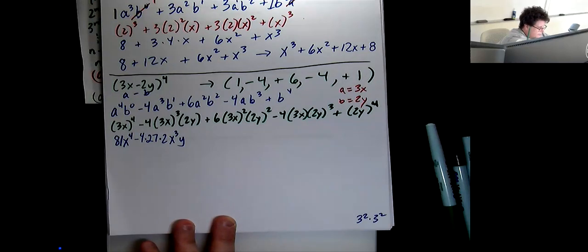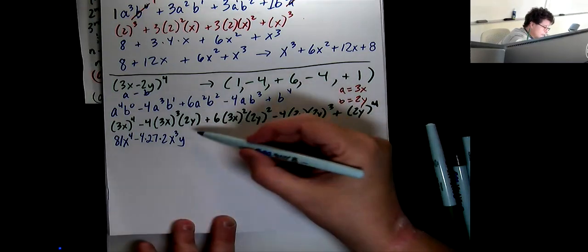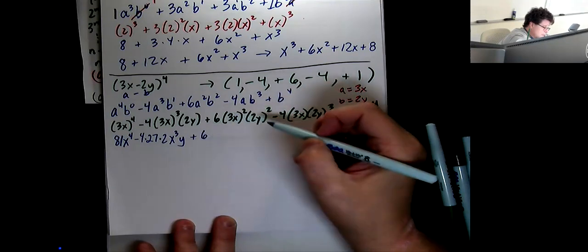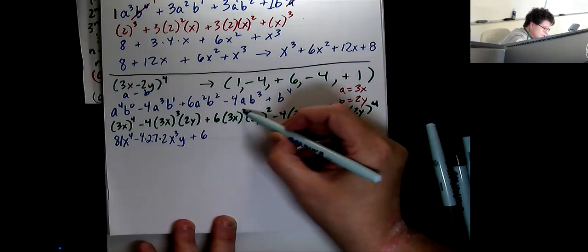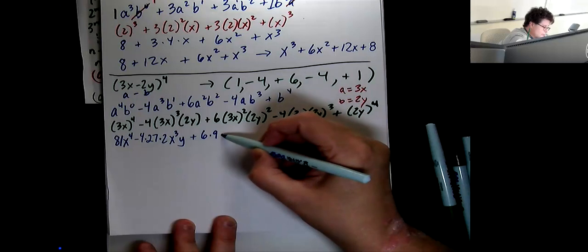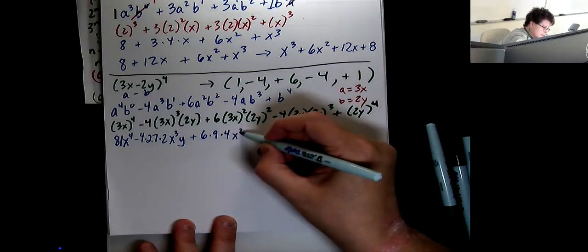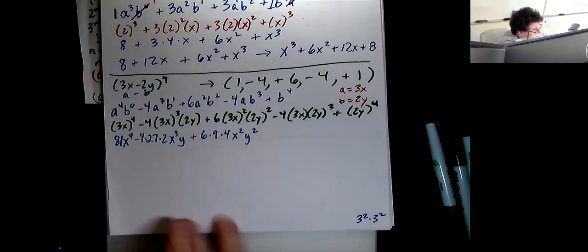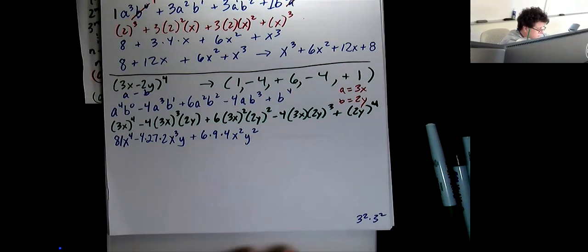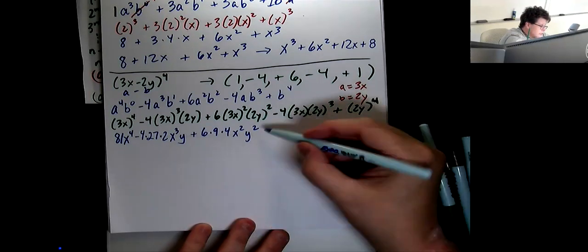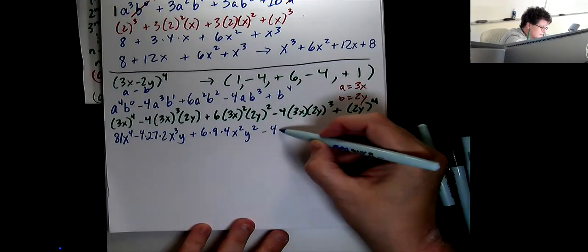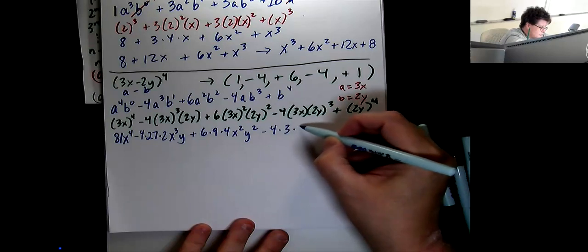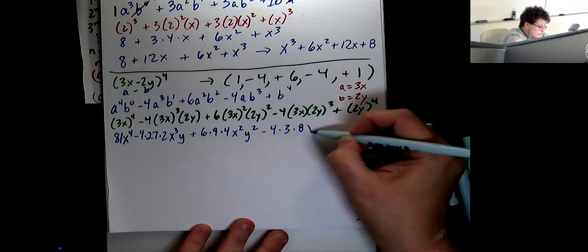And I'll clean up that calculation in a second. This one, we got 6 times 3 squared is 9, times 2 squared is 4. And we got an x squared and a y squared. So I'm just doing all the numbers first and then the variables. Minus 4 times 3 times 2 cubed is 8. And we have xy cubed.